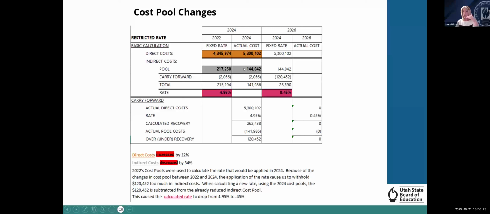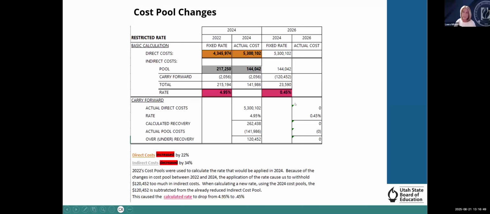So you've got your denominator getting quite a bit larger and your numerator getting quite a bit smaller. And when that happens, we take the rate that we initially calculated, we apply it to those new cost pools, and we now have a much larger carry forward than we had in our previous period. And you can see a huge drop in the rate from 4.95 to 0.45.